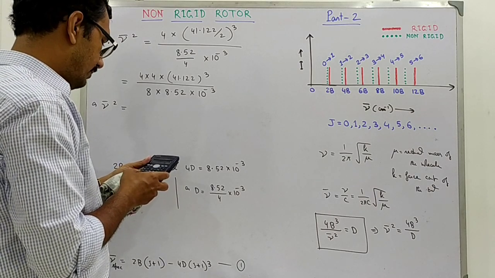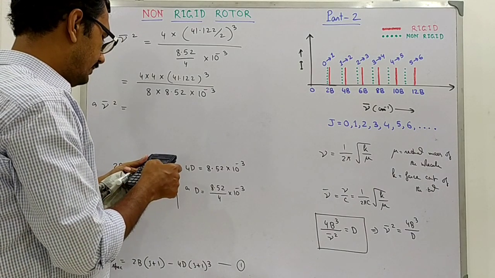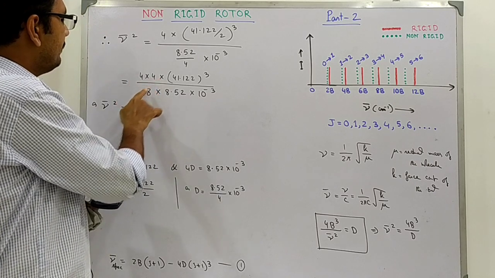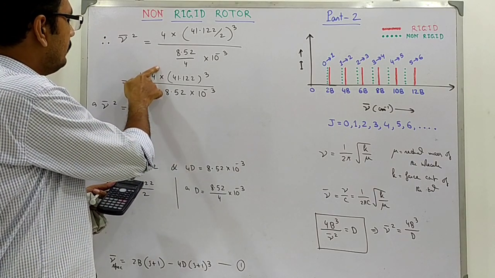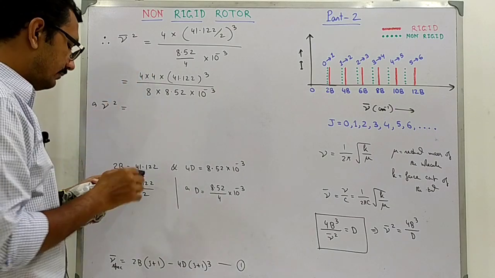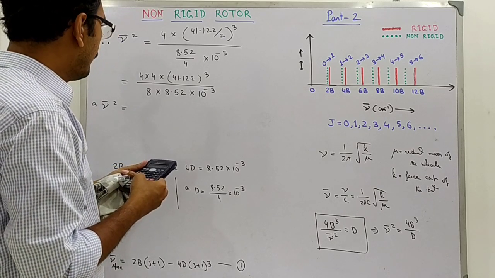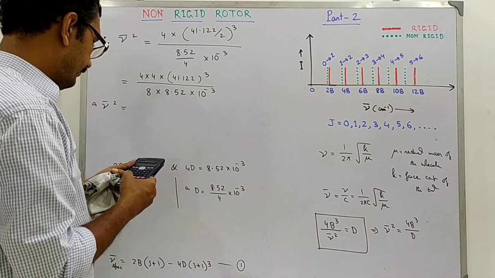So, it is 41.122 cubed, into 16 divided by 8, so that will be 2 here. 4 into 4 equals 16, divided by 8, so it will be 2 in the numerator. So, into 2, divided by 8.52.